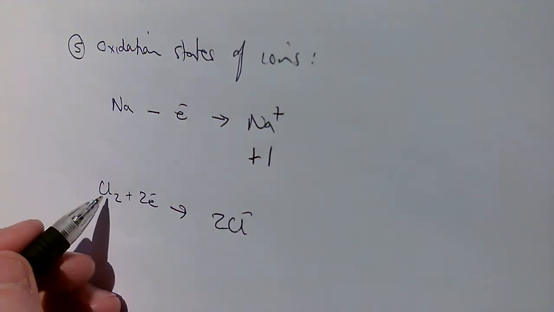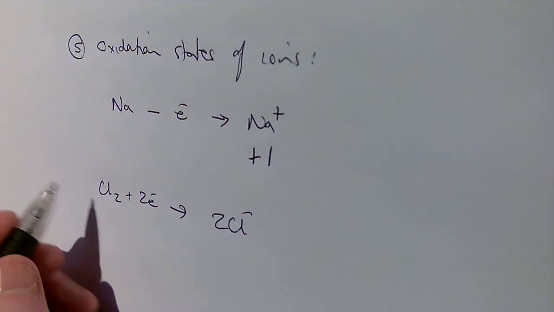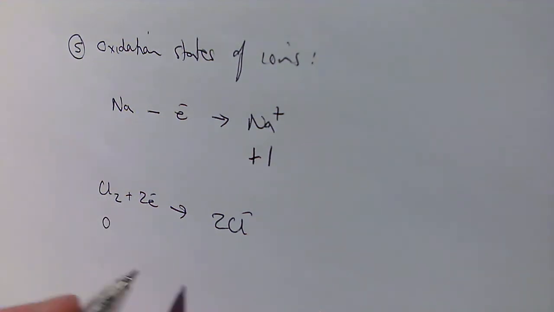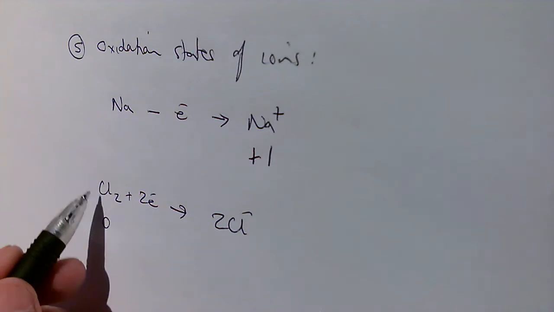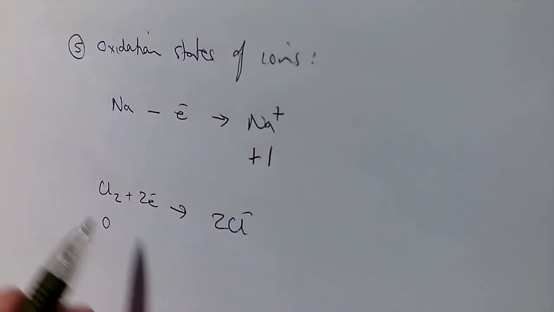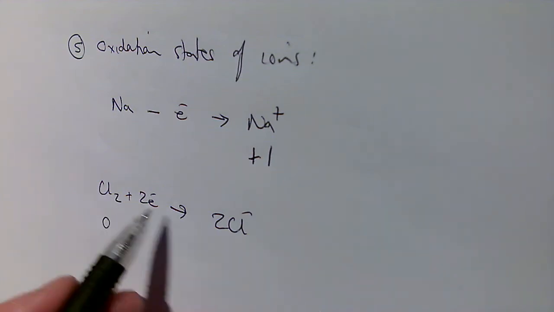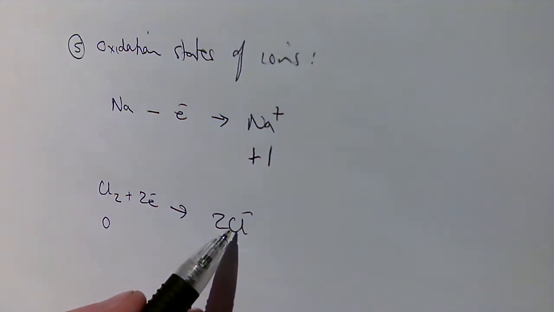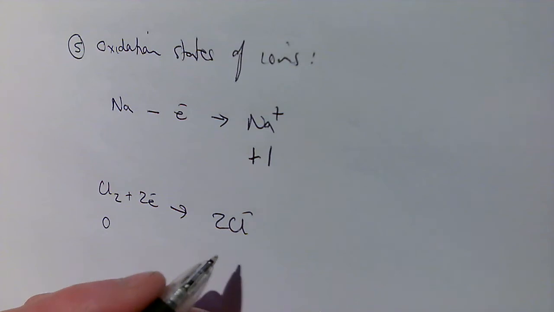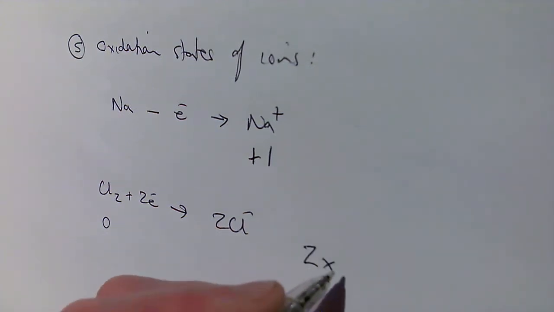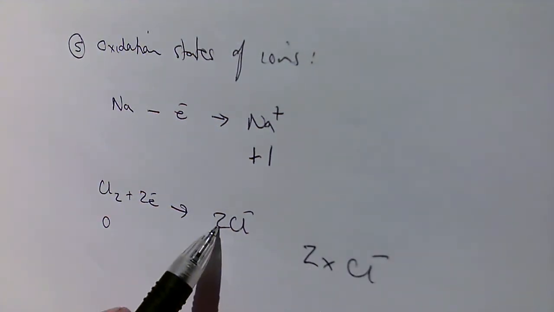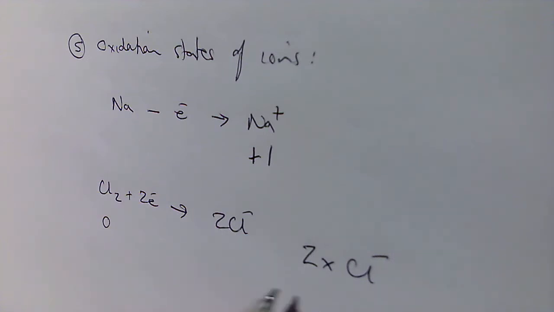The oxidation state of the chlorine in the Cl2 is 0, because there's no imbalance between protons and electrons. But then it gained 2 electrons; each chlorine atom gained 1 electron to form 2 times the Cl- ion. That's how you have to read that, 2 times the Cl-.